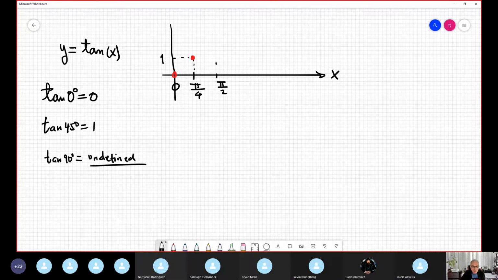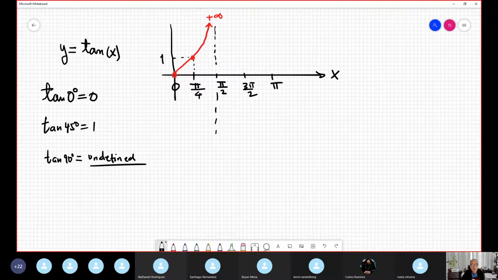Look, let me show you. So the graph of the tangent looks like that. It's approaching positive infinity. In the other direction, where is the next one? The next one is pi, or 3 pi over 2, sorry.